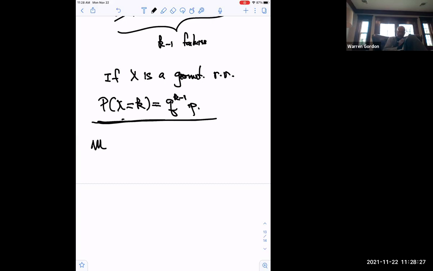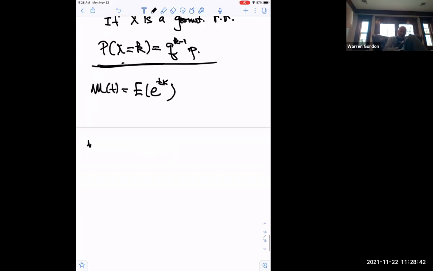M of t is equal to the expected value of e to the tX, which in this case, we have M of t is equal to the sum of e to the t K, the probability is Q to the K minus 1 P, K goes from 1 to infinity.